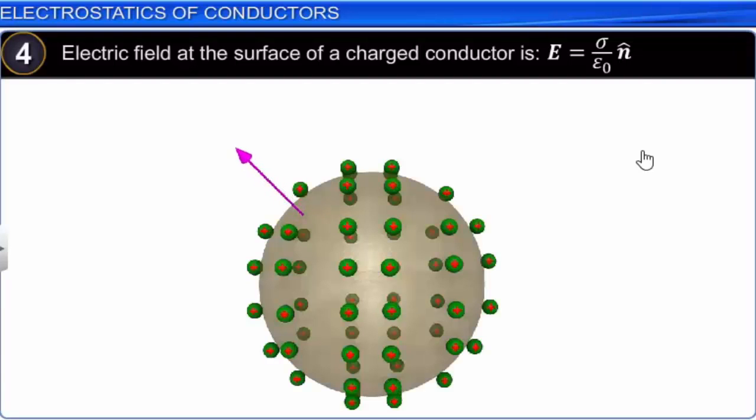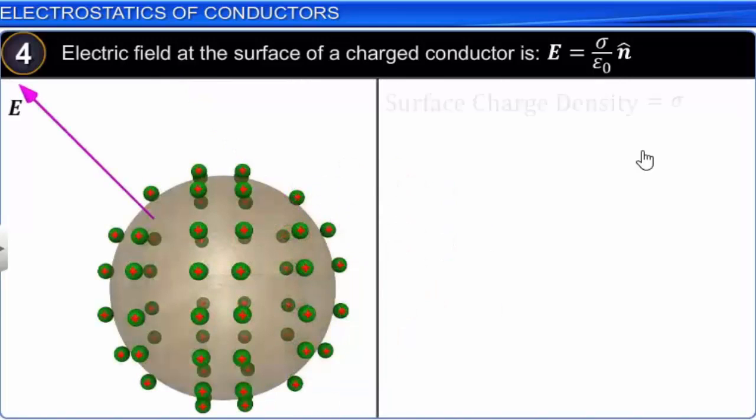4. Electric field strength E at the surface of a charged conductor is equal to sigma by epsilon naught into n cap. Let the surface charge density be sigma. We know that the surface charge density is defined as the charge per unit area of the surface.